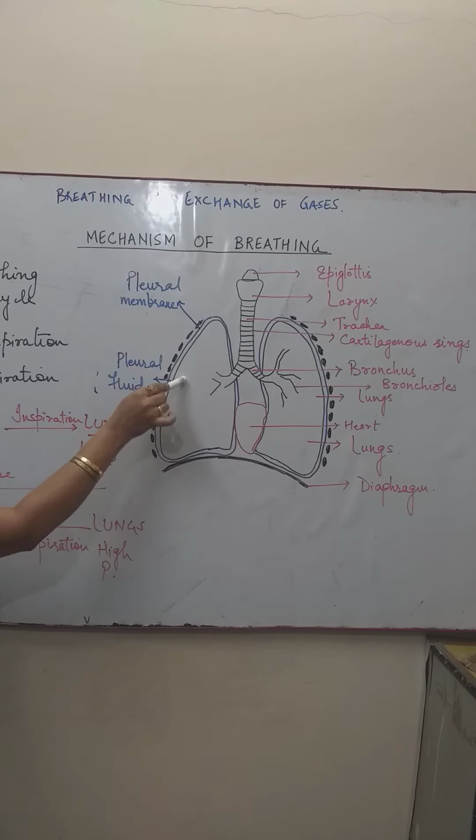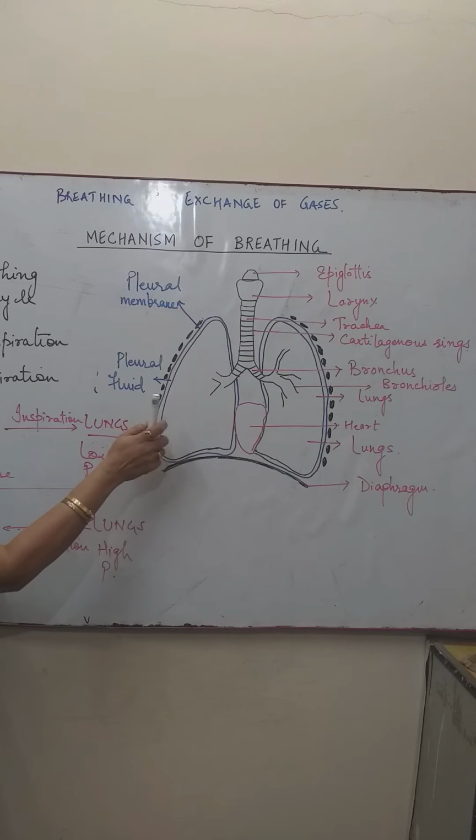So within these ribs are present the intercostal muscles, and when these intercostal muscles contract, this lifts up the ribs, and this causes the sternum also to be pushed, and as a result the volume of the thoracic chamber increases.